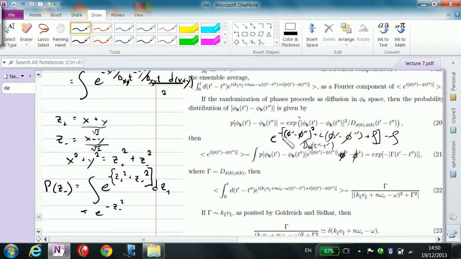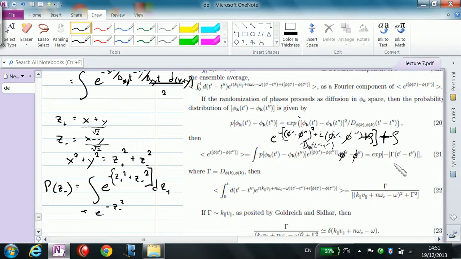Because this was a minus sign here, so this actually has to be a plus. So I added the plus in here, but because there was a minus outside, I also add a plus here, and since zeta is minus this gamma delta t, then it's the exponent minus gamma delta t.